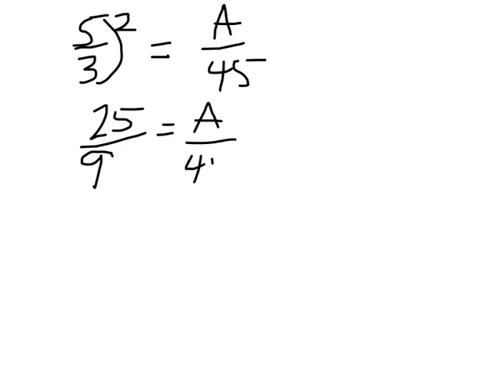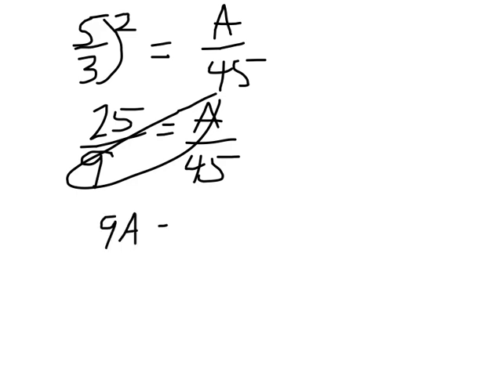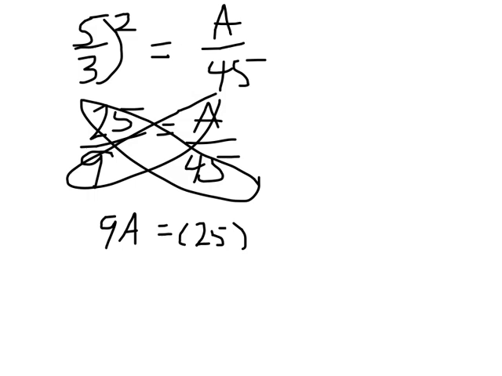Okay, well, what equation can I make out of this? Just to make sure y'all understand these the way I think you do. 9A, I call mine A. Is that what that is? Okay.